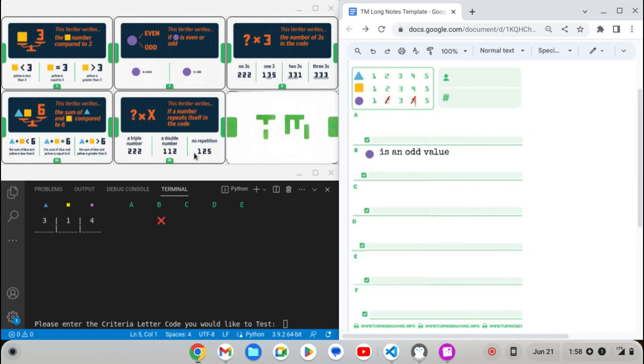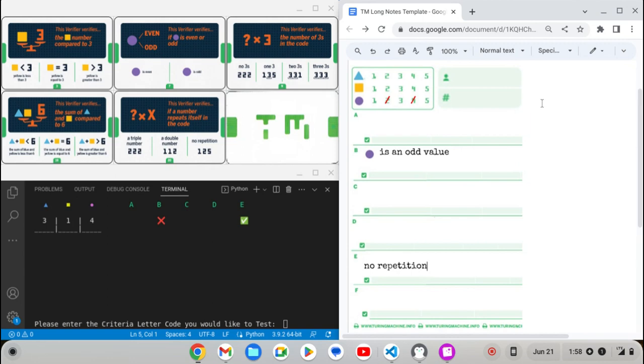So let's go ahead and test criteria card E. Okay, so it approves of my proposal of 314. Notice that all the digits are unique, so that means there are no repetitions. So that's what I'll write down in my notes for section E: no repetition.